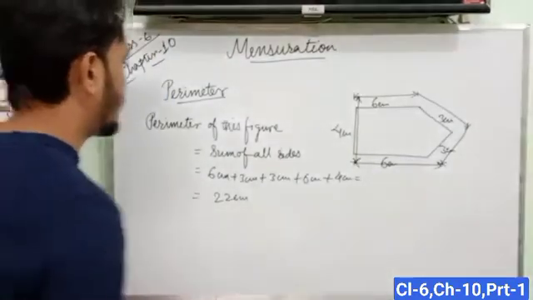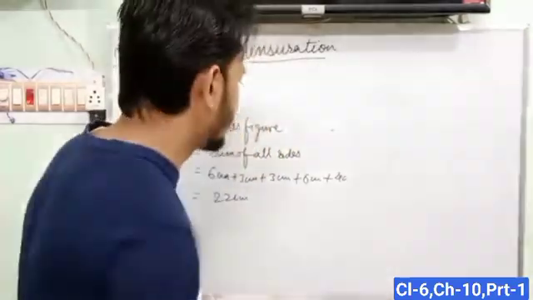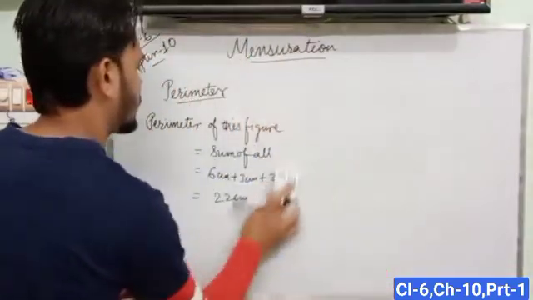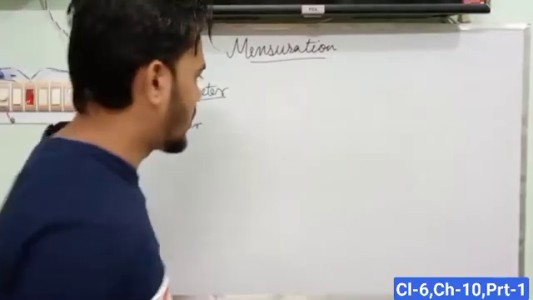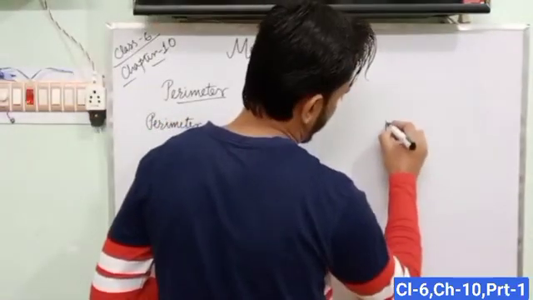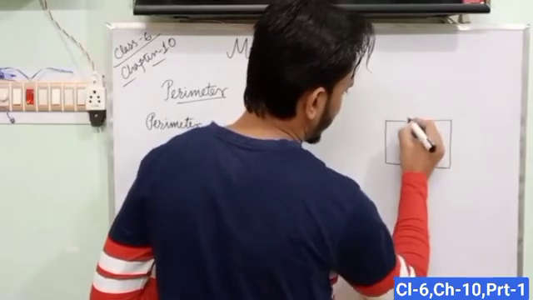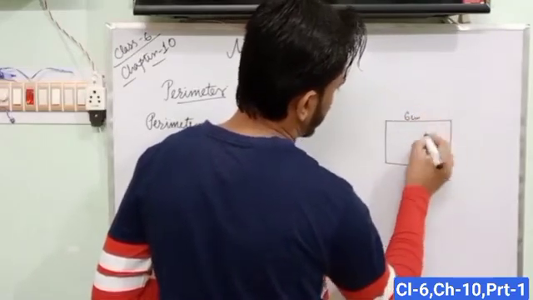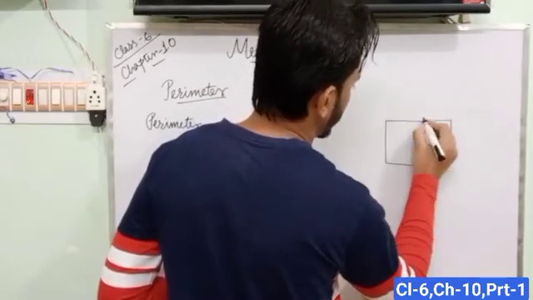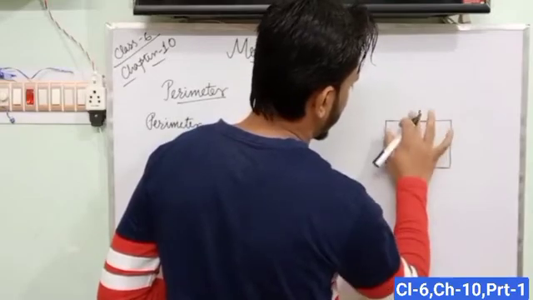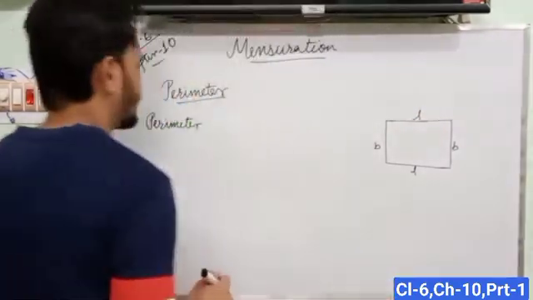a rectangle. We take here a rectangle. We know that opposite sides of a rectangle are equal. This is the length of the rectangle and this is the breadth of the rectangle.